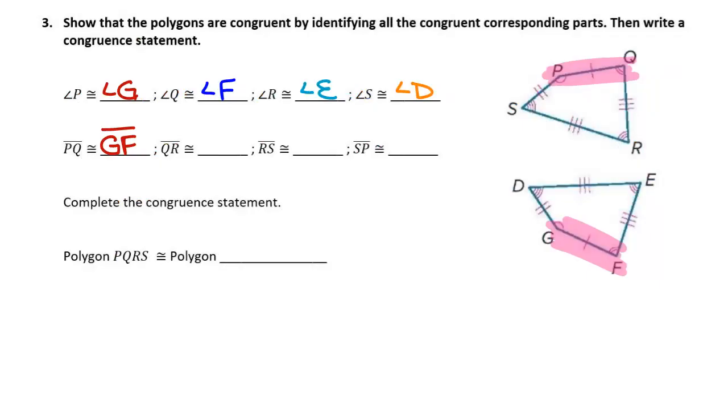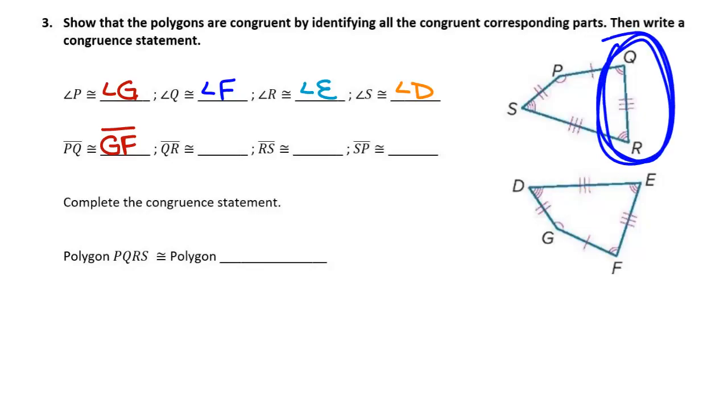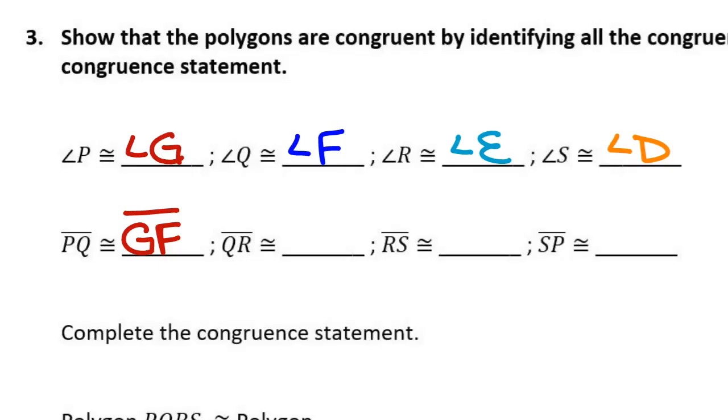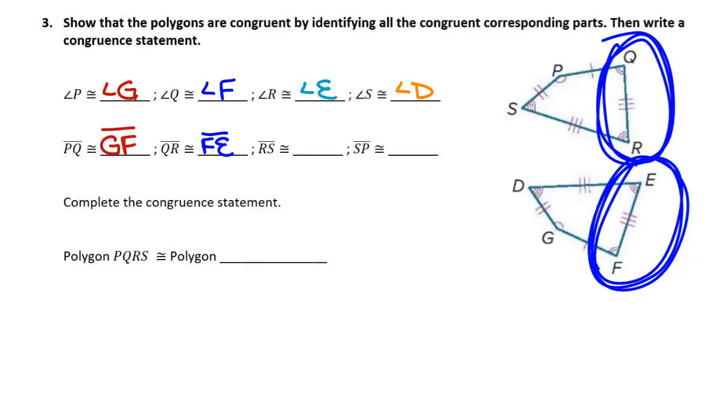All right, what about QR? Which one? FE. QR right here has 3 congruence markings on it. FE or EF has 3 congruence markings on it. Remember, when we write a segment name, the order of the letters does not matter.